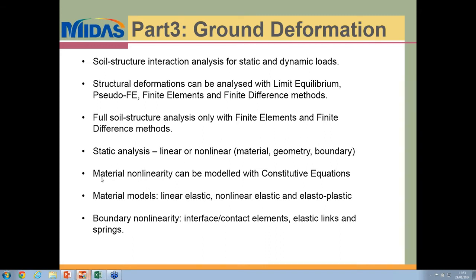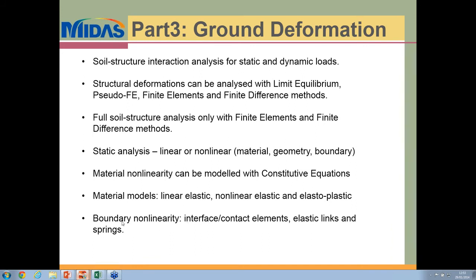So generally in geotechnics, the material nonlinearity can be modeled through the constitutive equations. You have different types of material models, such as the Mohr-Coulomb, the modified Mohr-Coulomb, which can model the hardening of the soil, and the Hoek-Brown material models. All these different models have different formulations pertaining to different types of soils and rocks.